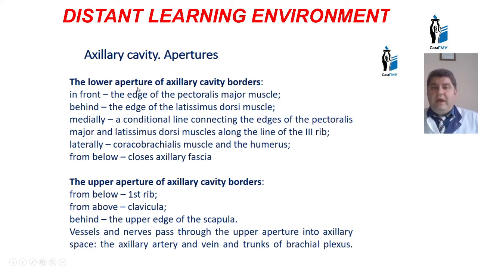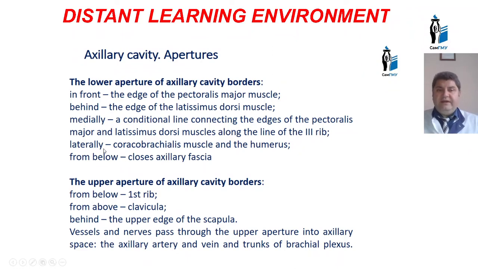And the lower aperture of the axillary cavity also has borders: the edge of the pectoralis major muscle, the edge of the latissimus dorsi muscle, and medially the conditional line connecting the edges of the pectoralis major and latissimus dorsi muscles along the line of the third rib.